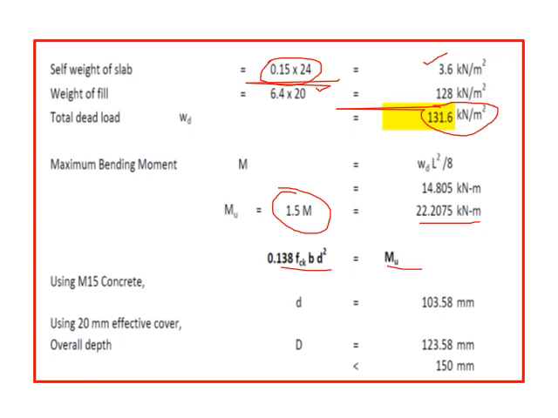Because we have used M15 concrete, fck is 15 Newton per mm square, b is 1000, Mu you can take as 22.21 into 10 raised to 6, so we get the effective depth as 103.58 millimeters. Using 20 mm effective cover, you can have the overall depth as 123 millimeters, but we have provided 150 millimeters, hence it is safe.